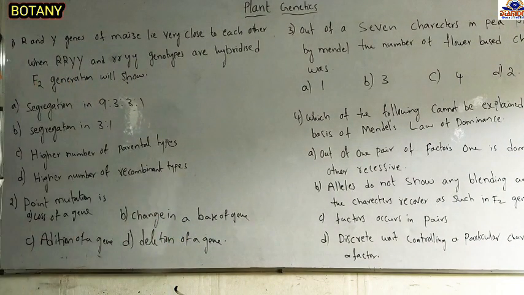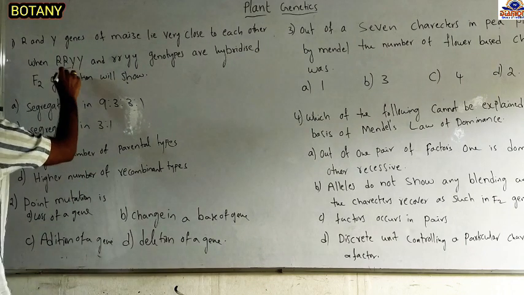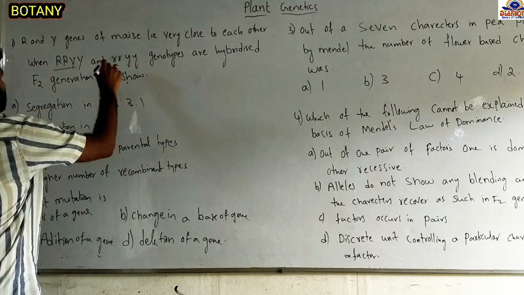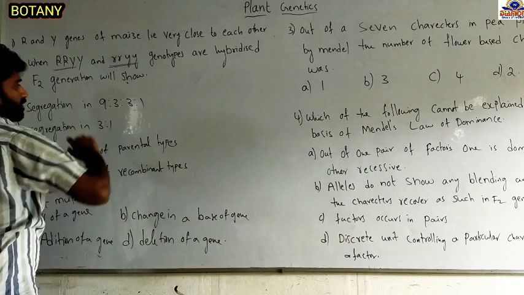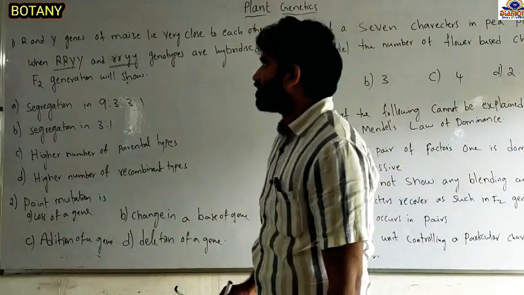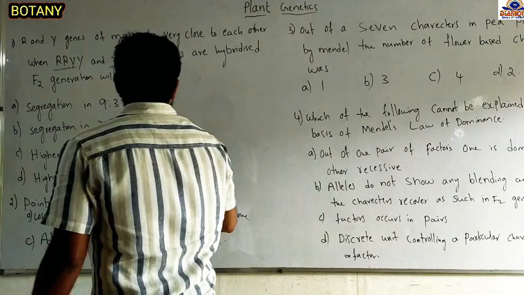Now, the question gives two parents, capital R capital Y and small r small y. Here the two contrasting characters are given in the crossing of the two parents, so we represent it as a dihybrid cross.